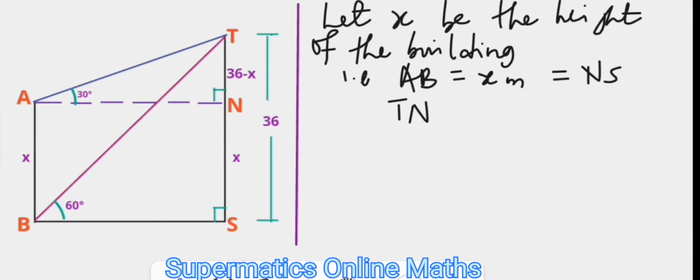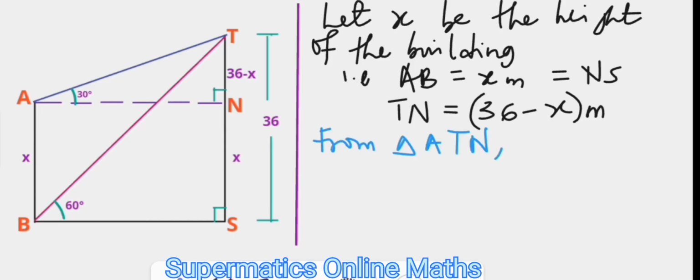TN is equally 36 minus x meters. From triangle ATN, using the tangent ratio, the tangent of the angle 30 degrees is the opposite side, and that's TN, divided by the adjacent side, which is AN.